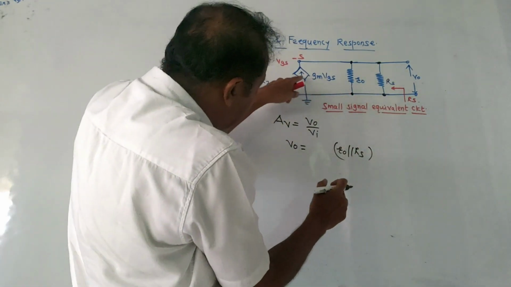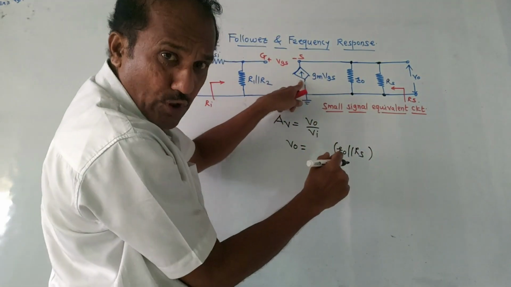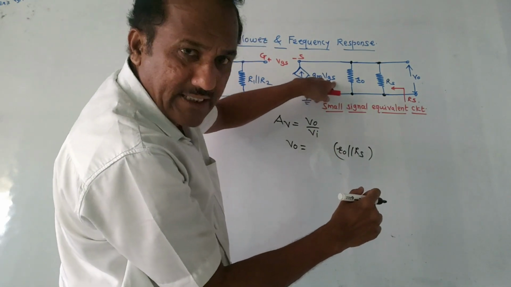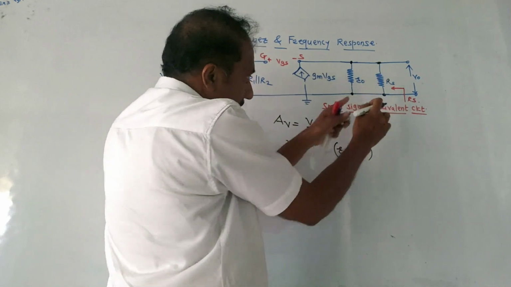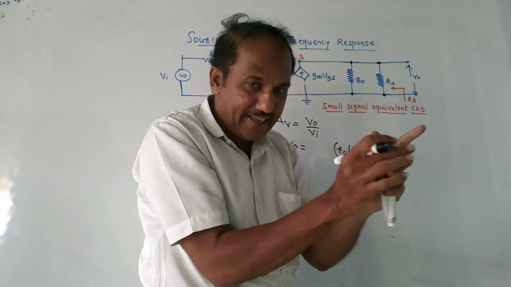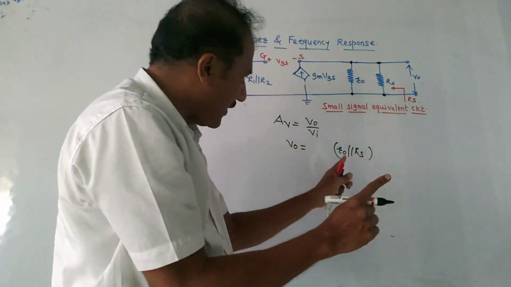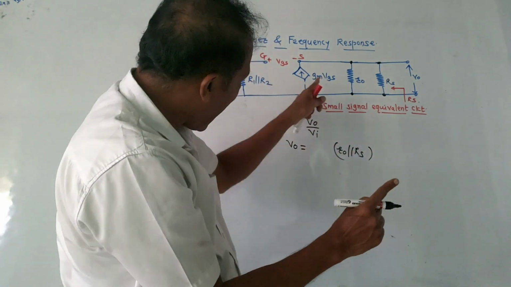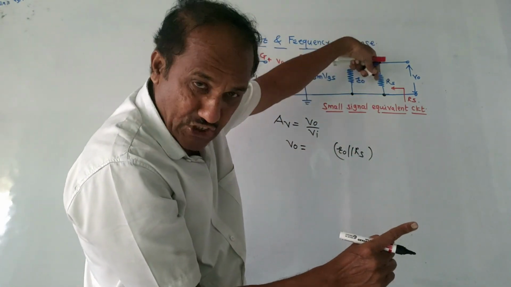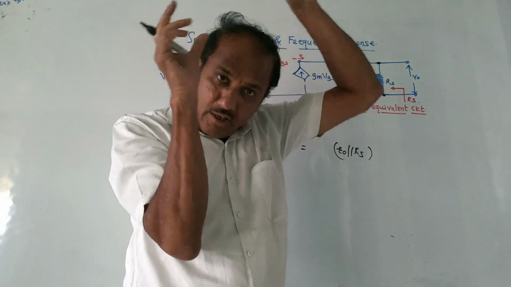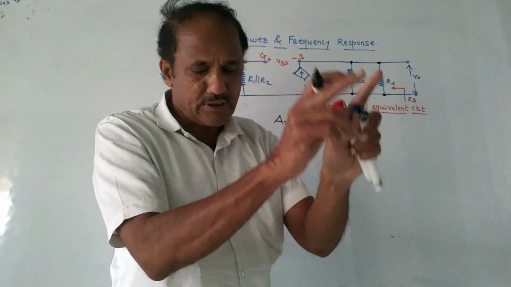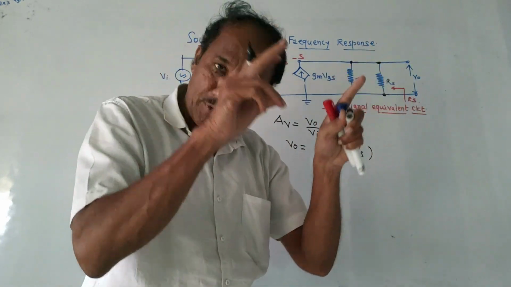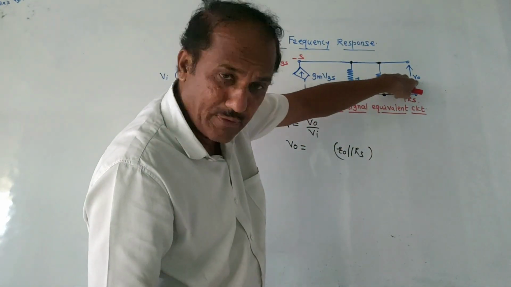Then this is a current source, and GM VGS is the value of this current source. This current source will flow through this resistance. When we take the parallel combination, one resistance comes whose value will be R0 parallel RS, and this current will flow through this resistance. The current into the resistance is the voltage, and that voltage will be V0.